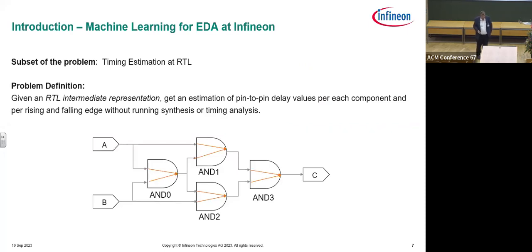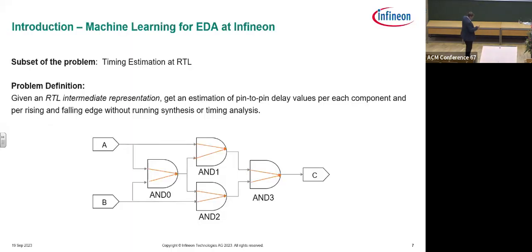So now, what do we want to do? Okay, we have here a very simplified view. We can handle quite complex elements in estimation. We want to estimate the timing from A to C. Therefore, we have to estimate, with our approach, the timing of the subblocks.